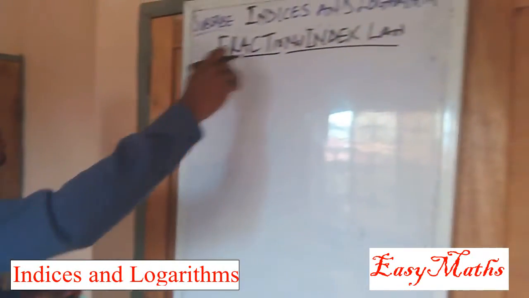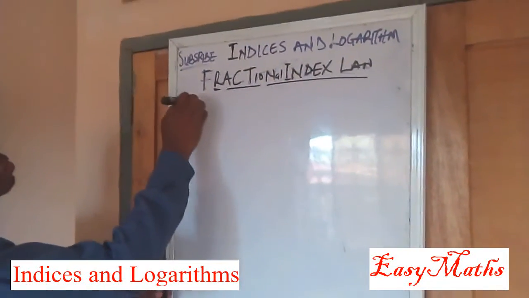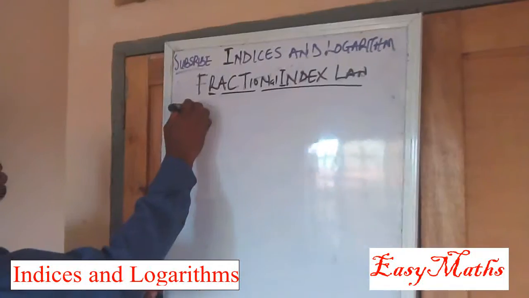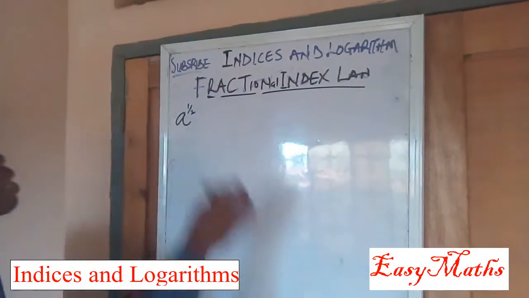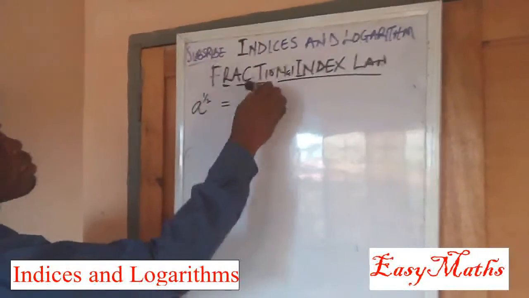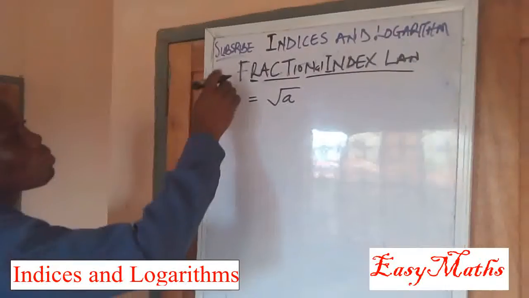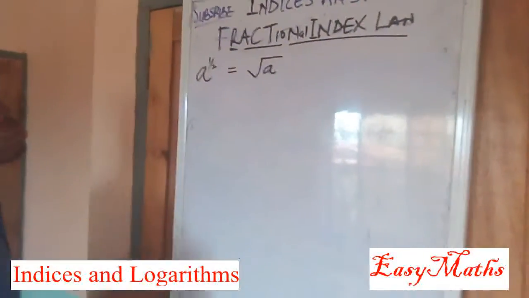So now we want to look at the fractional law. First thing is we have a raised to power 1 over 2. That is the same thing as the square root of a. A is the base, raised to a fraction 1 over 2.